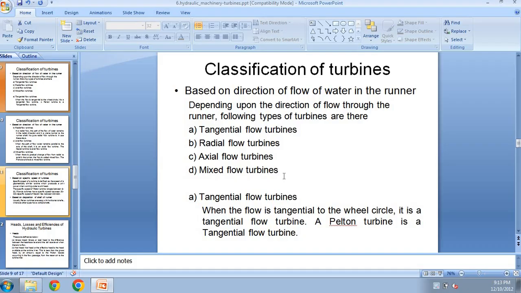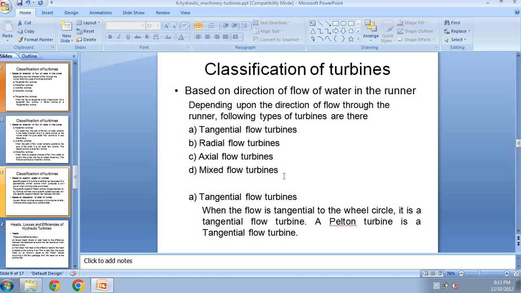That is, how the water enters the runner and how it leaves the runner. So the water direction at the entry and at the exit of the runner is considered for this classification: tangential flow turbine, radial flow turbine, axial flow turbine and mixed flow turbine.